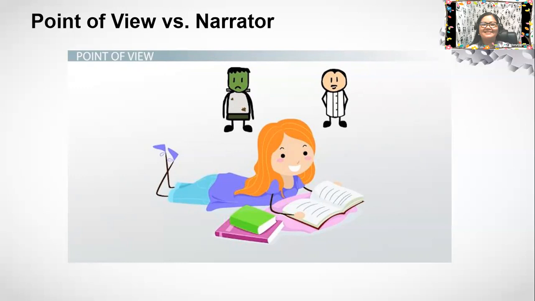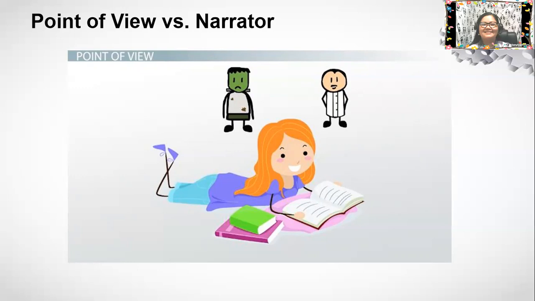Okay, so narrator is just a little bit of a point of view. Point of view is broader than narrator. So pag sinabi nating narrator, maybe he or she is a participant or a non-participant.